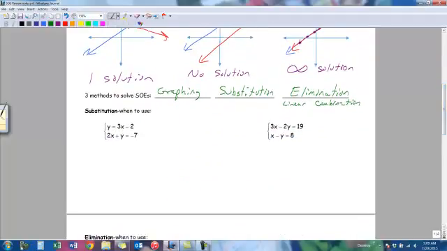Now let's talk about substitution. Substitution we are going to use when a variable is easily isolated.